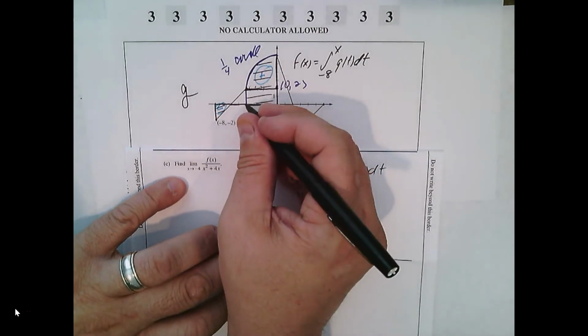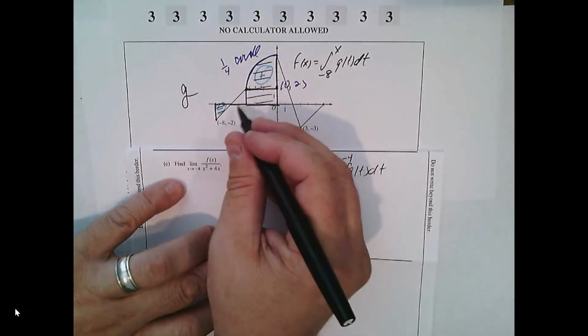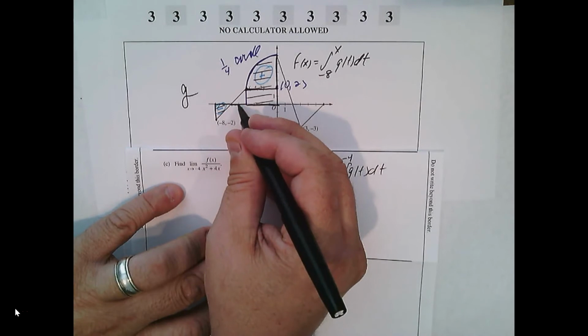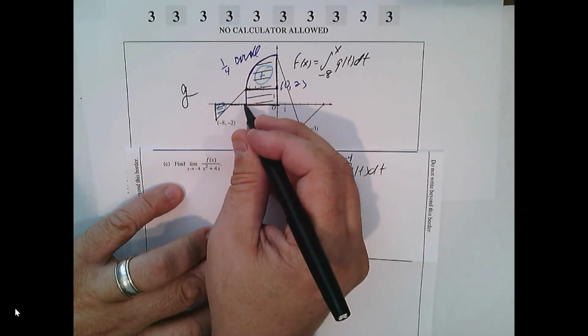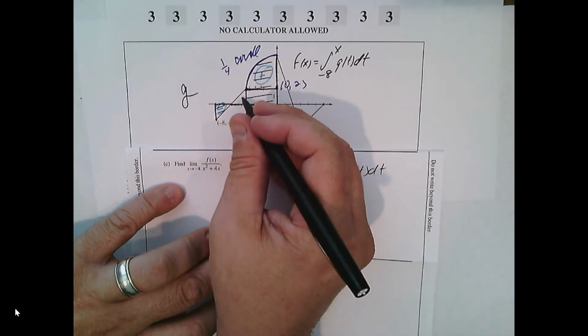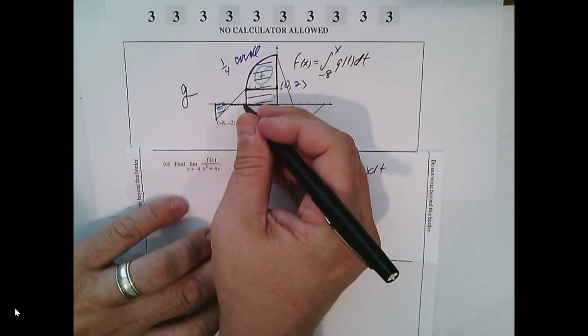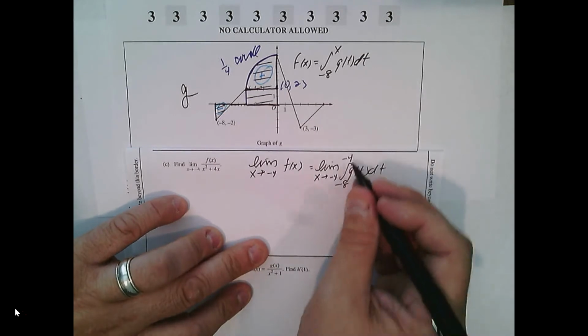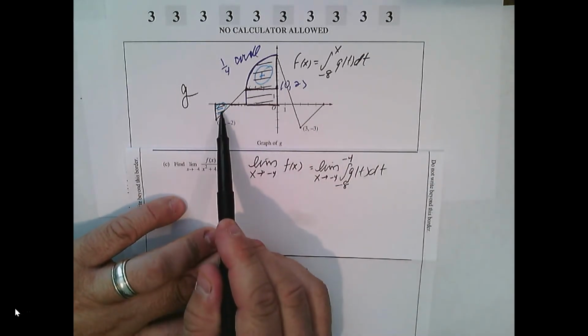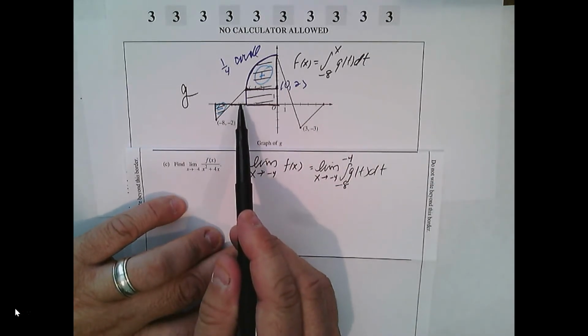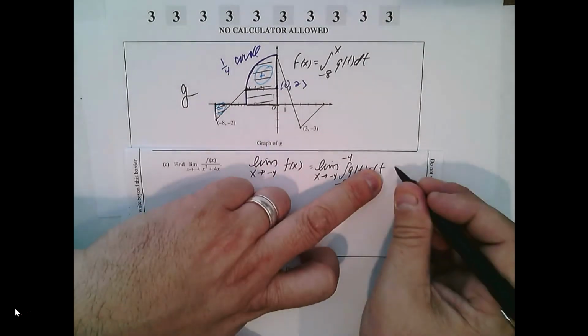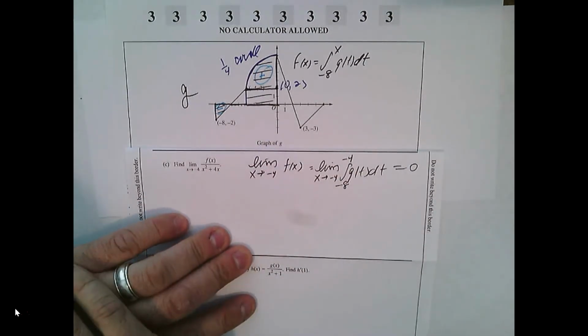Here's where x equals negative 4. As my x values get closer and closer to negative 4, I'm going to get a more positive area. I'm going to get a more complete triangle. The area from negative 8 to negative 4, I have this negative area. I have this equal but opposite positive area. That limit's going to be 0.